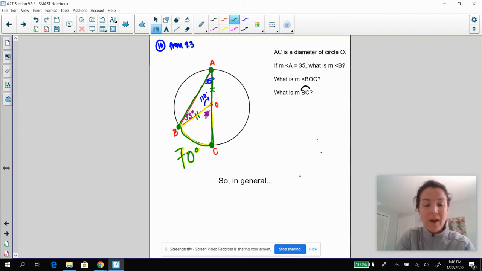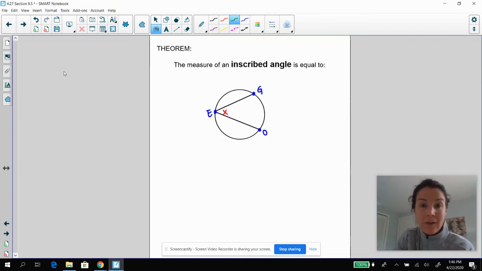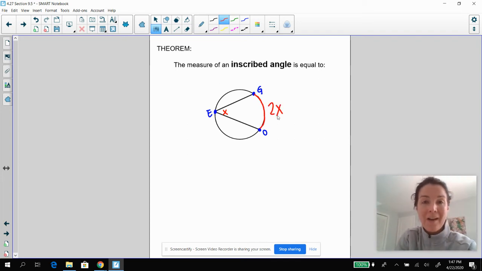So as we sort of figured out in class the other day, and this is huge, this is the big point of this whole lesson, if you have an inscribed angle, that inscribed angle is going to be half the measurement of the intercepted arc. So if my inscribed angle is x, my intercepted arc is going to be 2x. It obviously gets a little bit more complicated, but those are the basics.